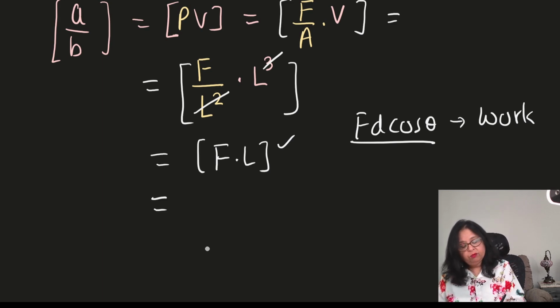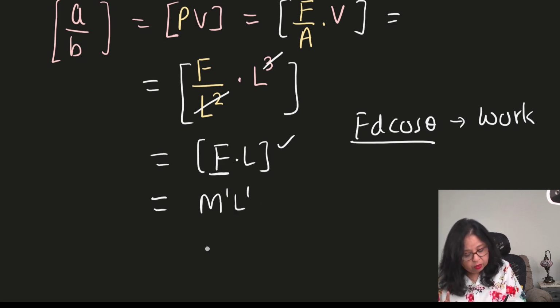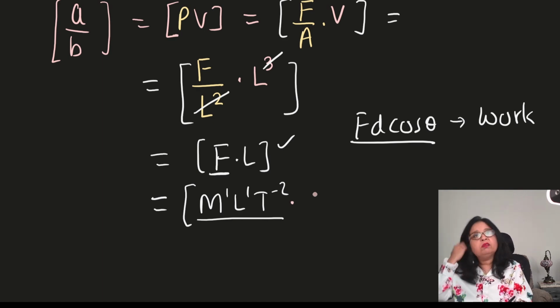Then in that case, what you will do is plug in either the units or the dimensions of F and L. F is M1 L1 T minus 2. Okay, so this is your F. Now, once again, you should probably memorize this. Normally, I don't recommend memorization.